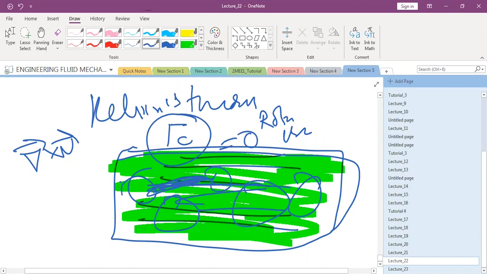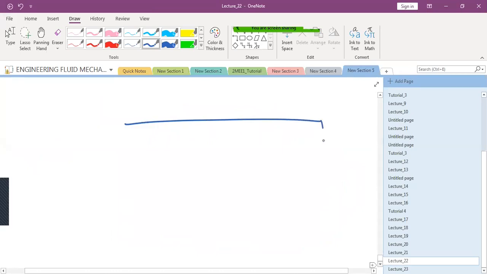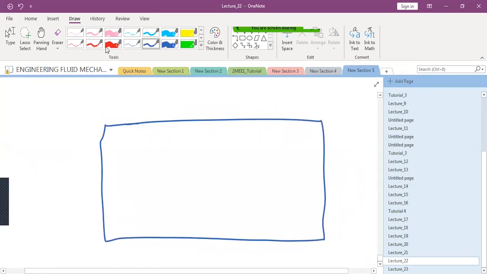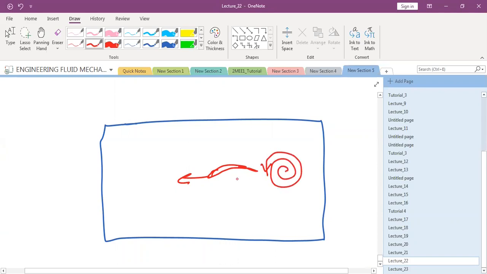Now, if you start moving this aerofoil in one direction, what do you think? If this was a very large tank, and this was the aerofoil, you were moving in this direction. So you know that there is one shed vortex in this direction and one bound vortex in this direction.